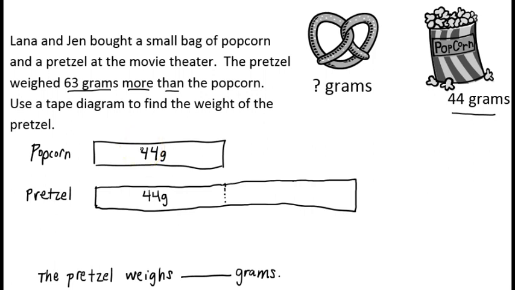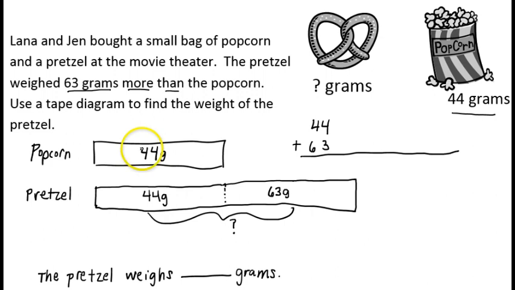But I have to put the amount that's more than the popcorn, or the greater part of the tape, and that is 63 grams. In order to answer my question, I just need to combine those two numbers, 44 grams and 63 grams, or 44 plus 63.